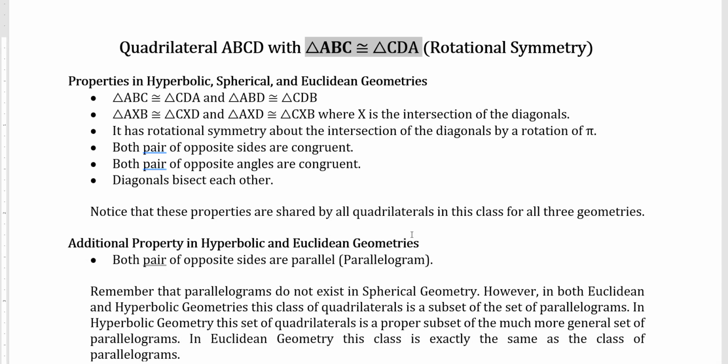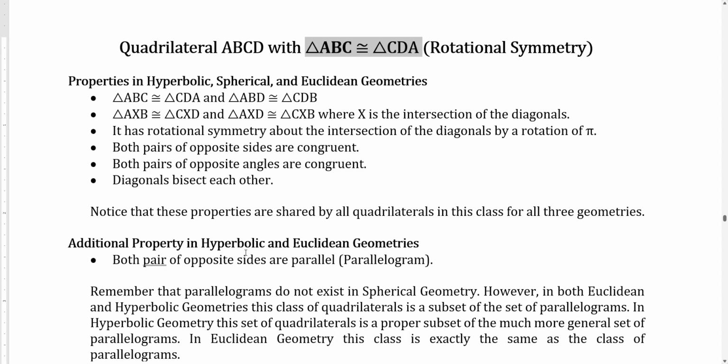That's the little triangles that we were looking at. It has rotational symmetry about the intersection of the diagonals by rotation of pi radians. Both pairs of opposite sides are congruent. Both pairs of opposite angles are congruent, and the diagonals bisect each other. So that happens in all three of these geometries if you get these triangles congruent.